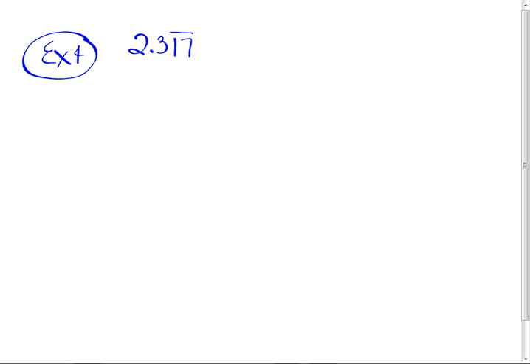So, now, that's geometric. You may not see it's geometric. Let's write it out. Okay. This is the same as 2.3 plus 0.017.